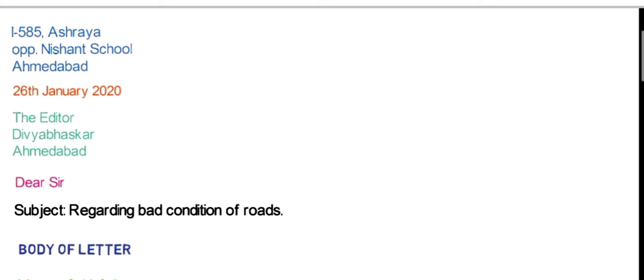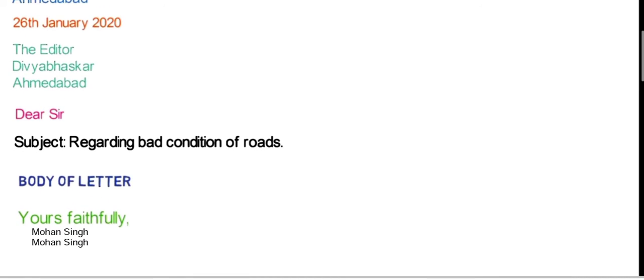Leave one line, and after that mention the date, 26th January 2020, and then the address of the receiver, the editor. Then the salutation, dear sir, and then the subject, regarding bad condition of roads, and after that the body of the letter, and last, yours faithfully, Mohan Singh.